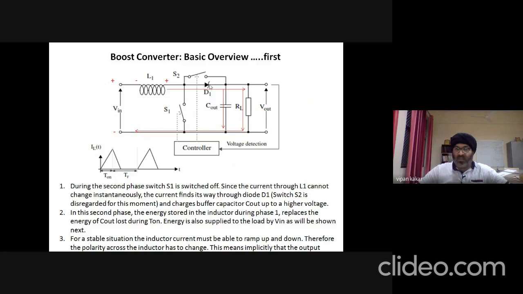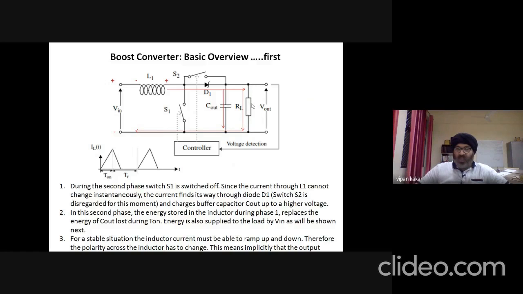So this node is at a higher potential compared to the input supply voltage. If we assume this diode has a very low voltage drop, this higher voltage appears at the load over here.